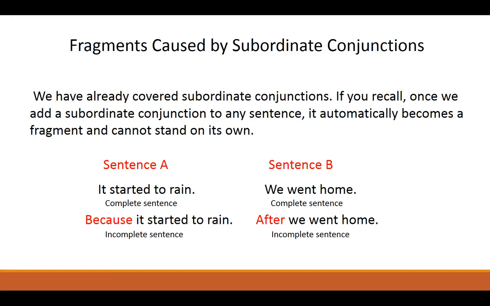We went home, went is my verb, we is our subject. Those are complete sentences. But if I say, because it started to rain, now I've taken a subordinate conjunction and put it in front of a complete sentence, and that sentence now needs something else to finish the thought. Because it started to rain, what? After we went home, what? So those are incomplete sentences.